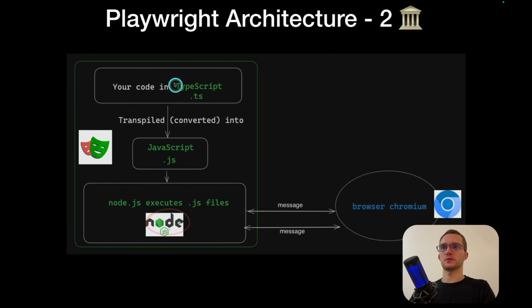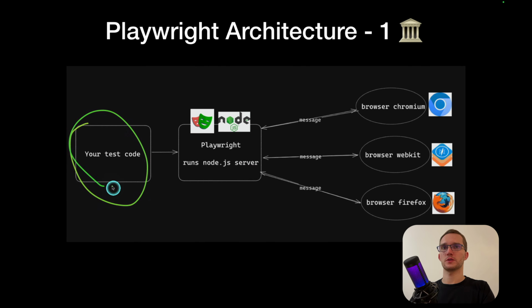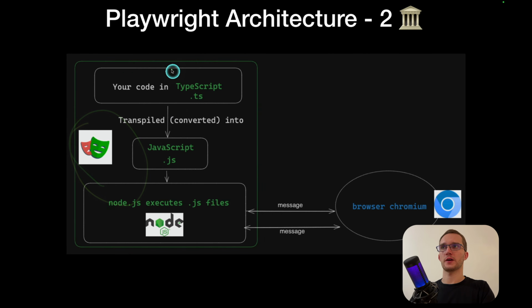Okay, so I think this is clear. This is the same diagram, we just added the transpilation here. So the difference between these two: here we don't have transpilation, we didn't mention that, and here we have transpilation, transpiling from TypeScript to JavaScript. All right, let's make it a bit more complicated now.